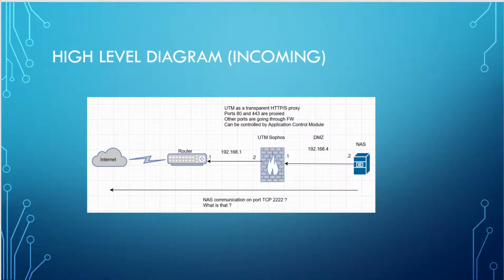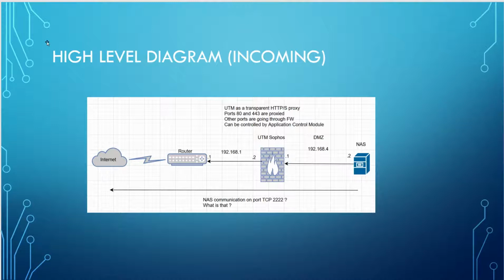So now if we talk about the high level diagram, it is fairly simple. As I said before, we have the Sophos UTM, which is in transparent proxy mode and also has firewall rules. For example, you have the NAS connecting to the internet on this TCP 2222 port. But what is this application? What is this service?